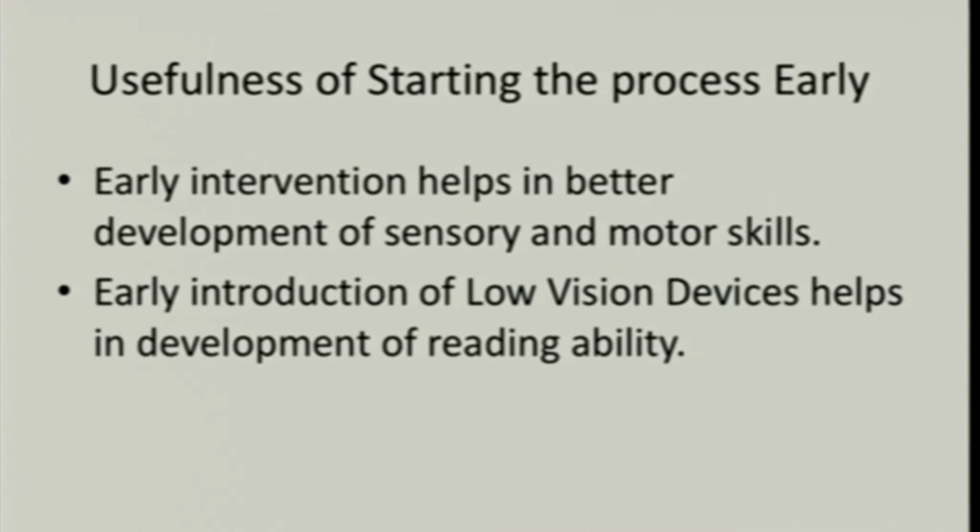And extremely important is starting the process early. Early intervention helps in better development and sensory motor skills. Most of the times, if we have a child who is not able to see, we take care of the child differently.